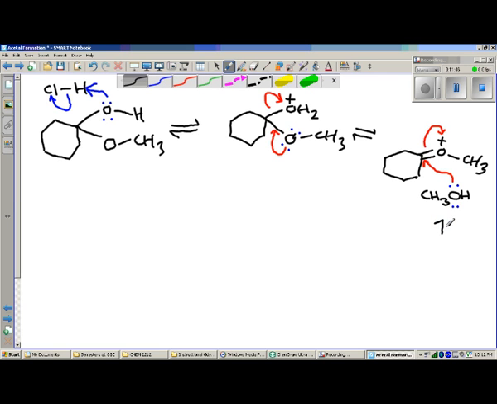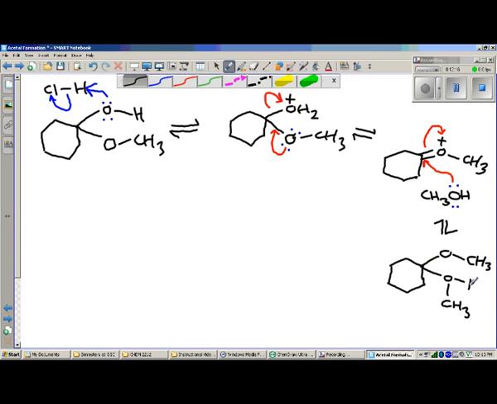And so what we get here is, once again, we have our six-membered ring, so let's draw that on. There's our six-membered ring. So now we have the OCH3. Notice we have that part of our acetal back again. And now what we have is our O, we have another CH3, but what else is on that oxygen?